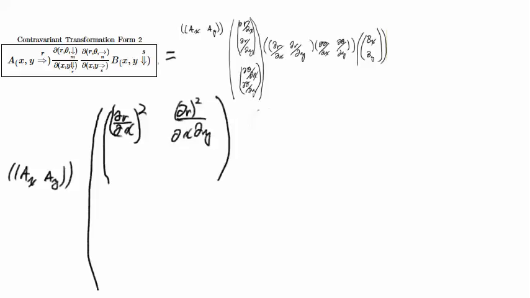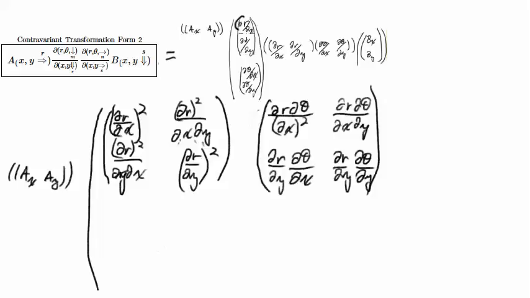We'll have del r del y del r del x. Then we'll have del r del y del r del x being here, and then del r del y del r del y, which is del r del y squared.